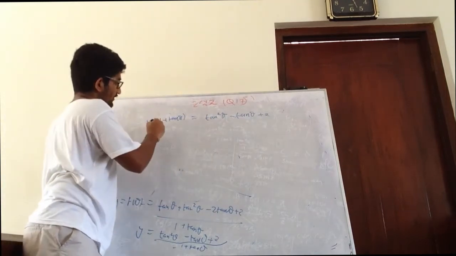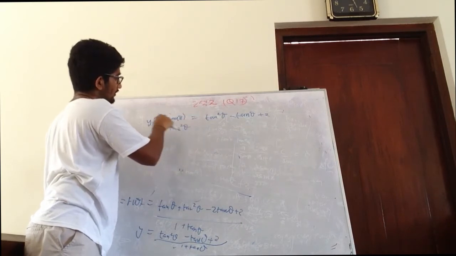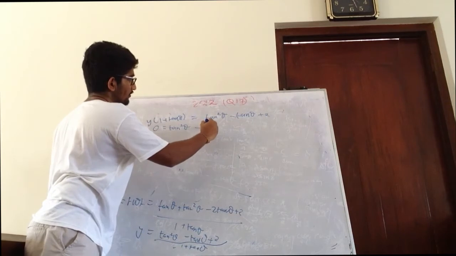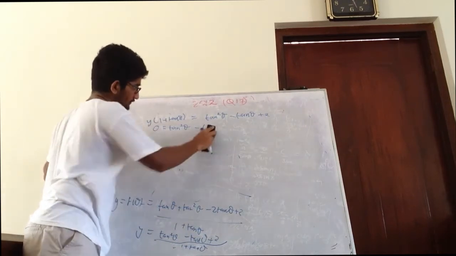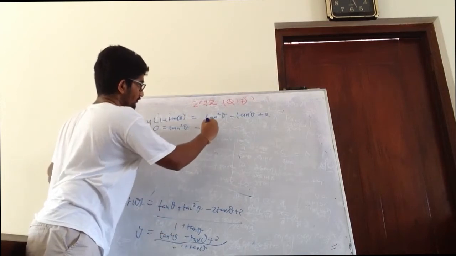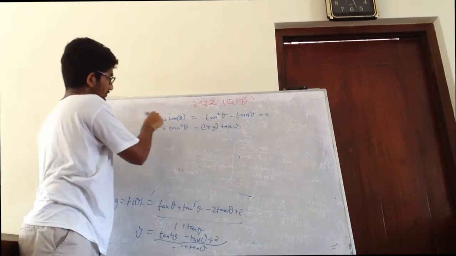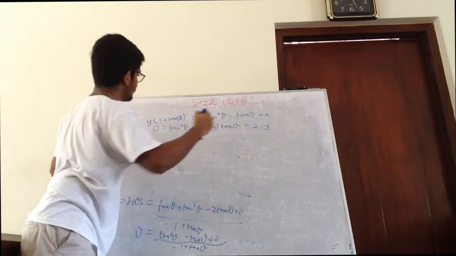If I rearrange this, tan square theta minus (1 plus y) tan theta plus (2 minus y) equals 0, if I take this here.